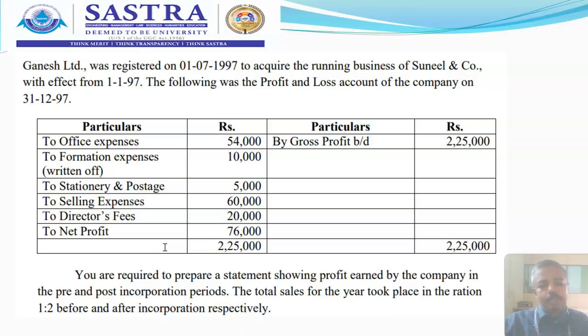Hence, the gross profit is a highly variable, direct income. Since it is direct, we can call this varying nature, and the sales ratio has to be used as the basis. So for gross profit, use the sales ratio and apportion the amount into pre-incorporation period and post-incorporation period.